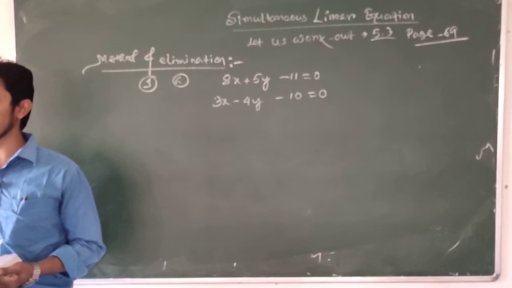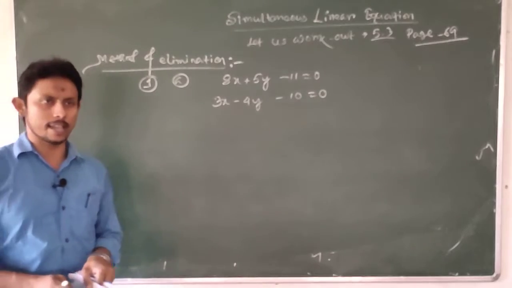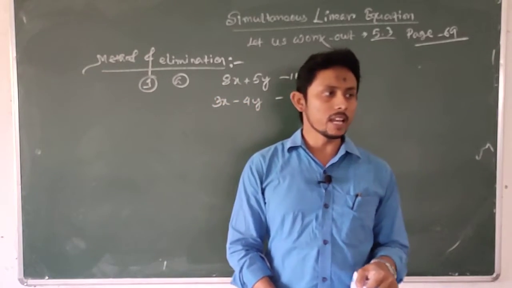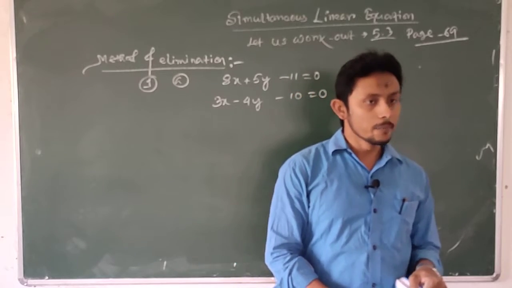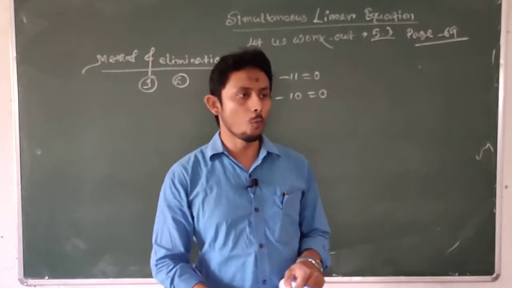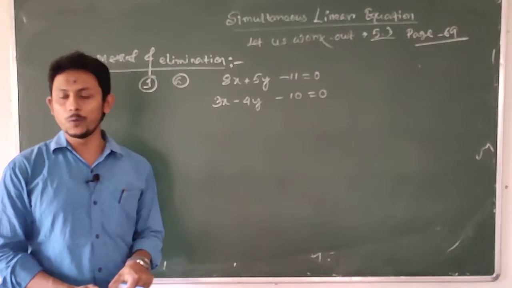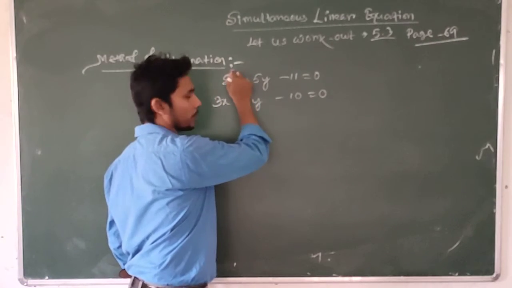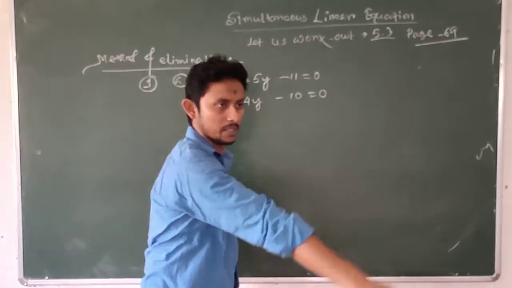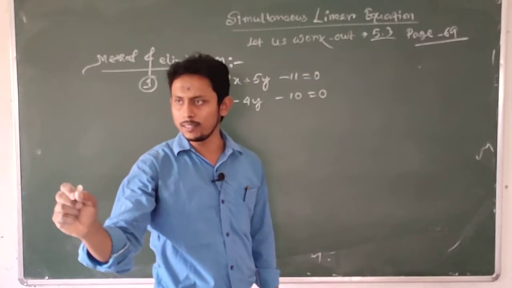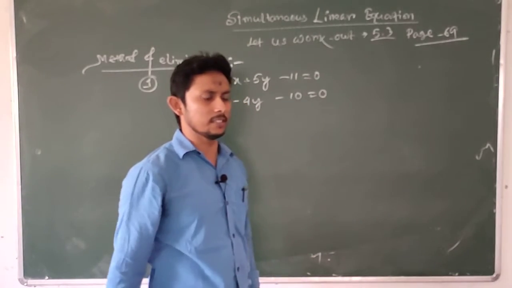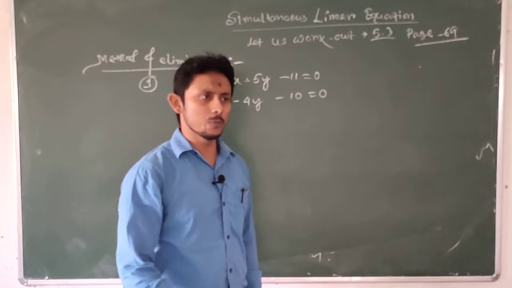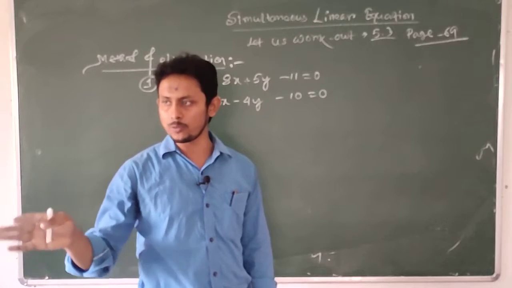What is the meaning of the word elimination? Remove. So we need to remove, suppose in the first equation x is removed, that means only y is there, then we can simply find the value of y. Yes or no?